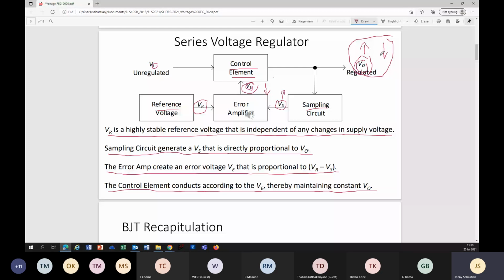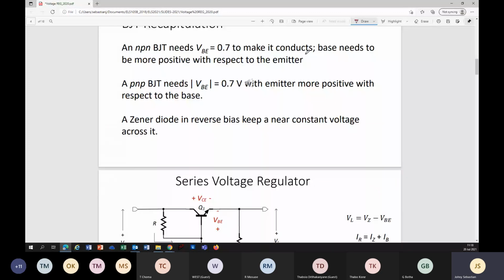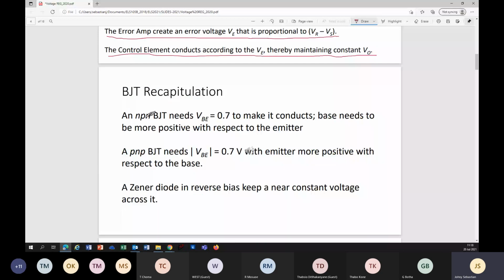This is just a small recap. An NPN BJT needs VBE of 0.7 volt to make it conduct. The base needs to be more positive with respect to the emitter. In an NPN transistor, the base needs to have 0.7 volt more than the emitter to make it conduct.